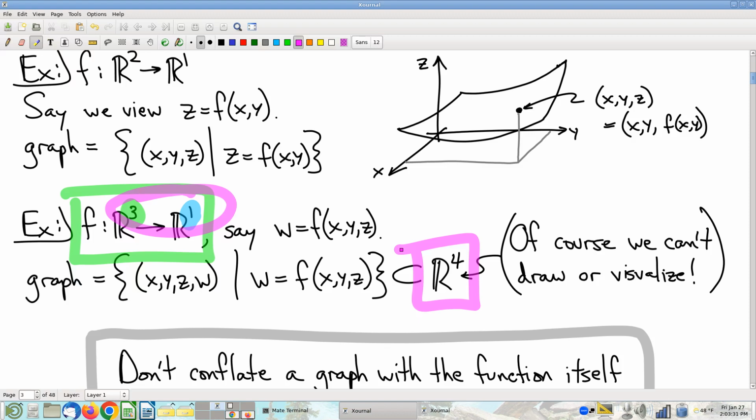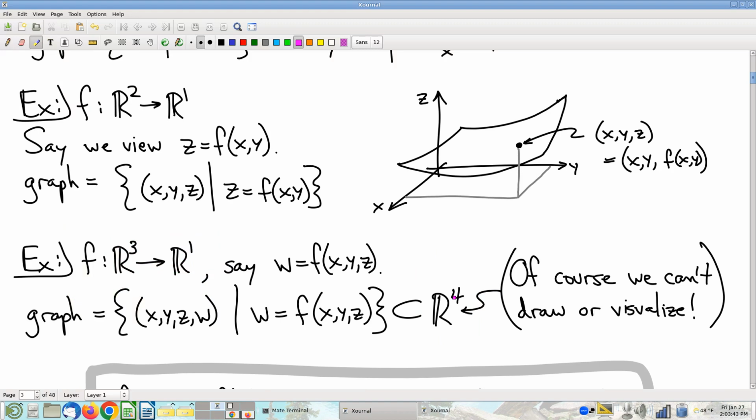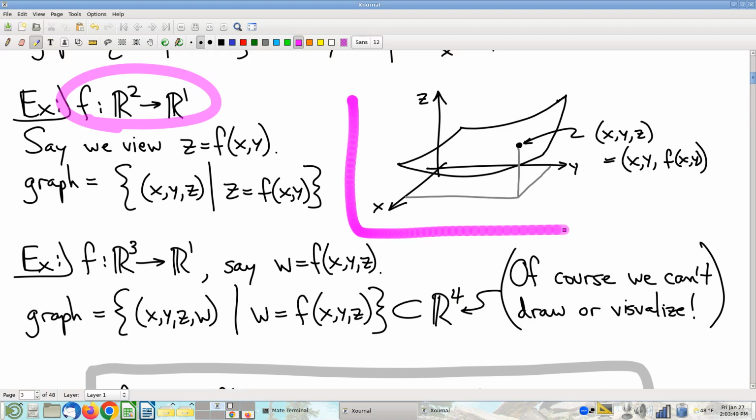We cannot draw this picture. Can't draw in 4 dimensions, and there's really nothing you can do about that. By the way, we could have even seen the writing on the wall a little bit in this last example. Here I've drawn a 3-dimensional picture, but have I really, or did I kind of fake it?